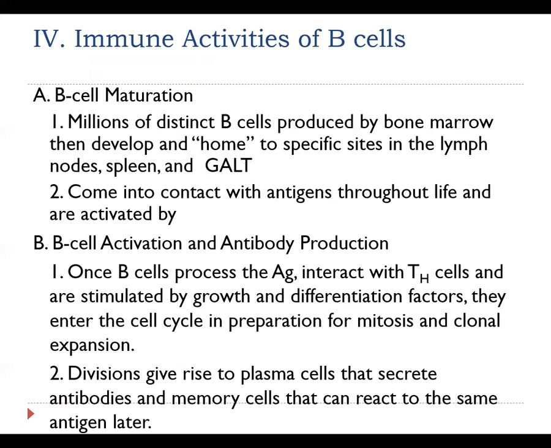This will give rise to plasma cells and memory cells. Plasma cells are responsible for antibody production. Memory cells will allow those B cells to not have to undergo activation again, and they will be automatically active to the antigen later.